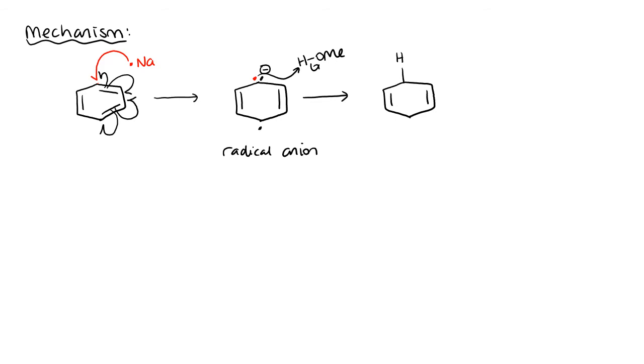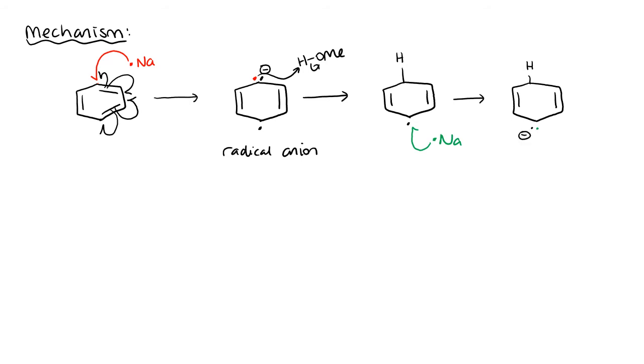Then the process will start again. So we will have a second sodium ion, oops, I lost my radical, come in and donate its single electron to the single radical. And we're going to create an anion intermediate, again with a negative charge.